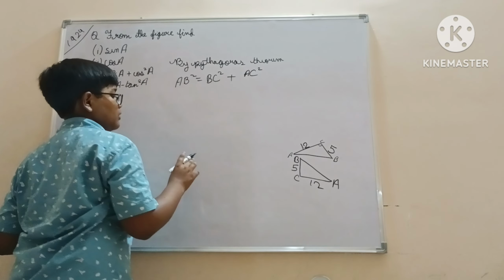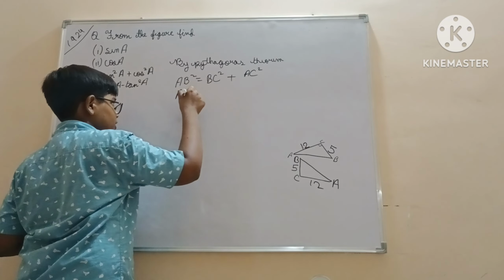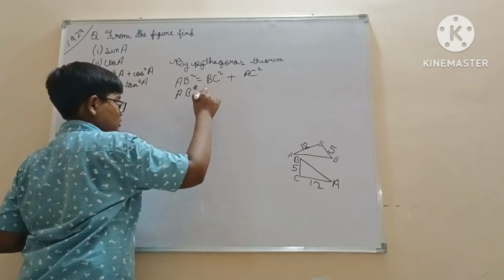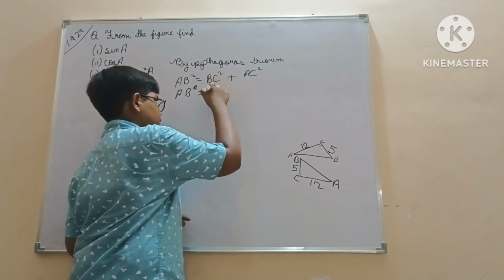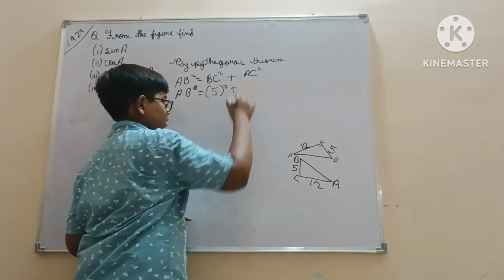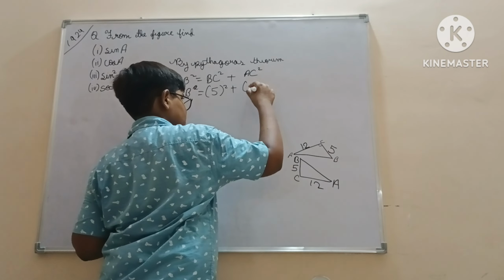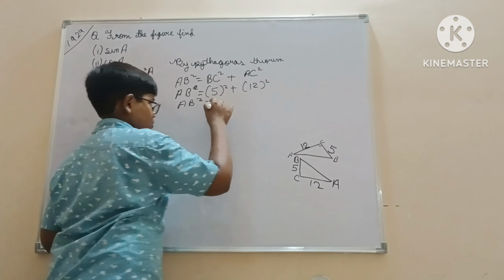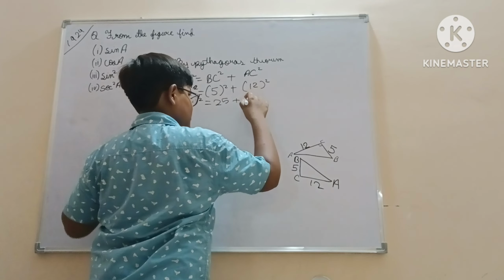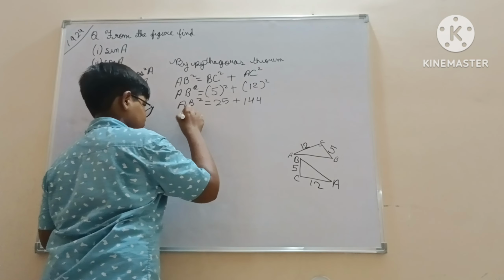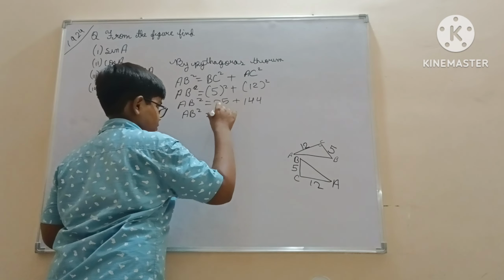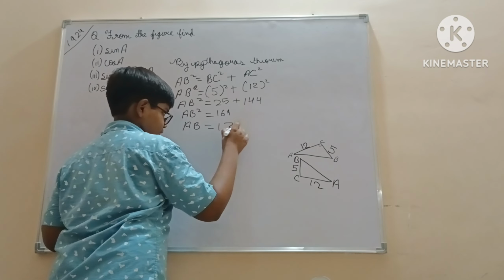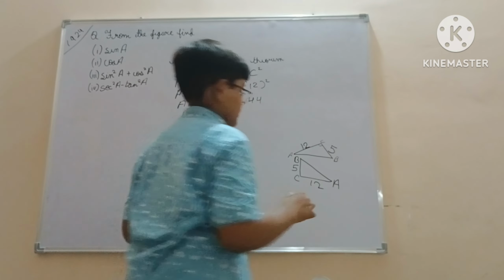AB's value is not given, and BC's value is given, which is 5 square, plus AC's value is given, which is 12 square. So AB square is equal to 25 plus 144, which gives us 169. Now we will take the root of both sides and we get our answer of AB as 13.